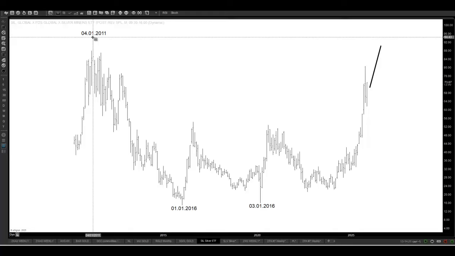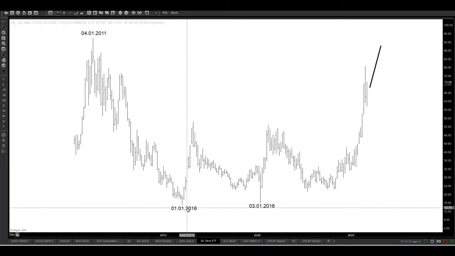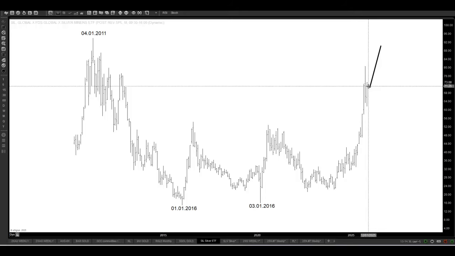Right? It's lagging the other ETF, but it's showing the beautiful nest. 1, 2, 1, 2, and breaking higher. Right? Everyone see it?